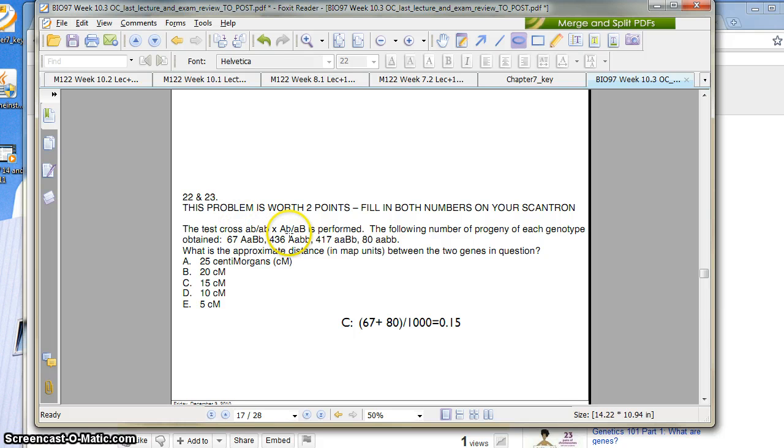Big A and small b should be on the same chromosome. If we see a big A with a big B, and small a small b, this is a recombination, with the small b and the big B recombining. Let me draw it out so you can see this more clearly.